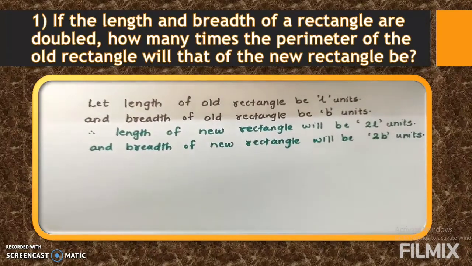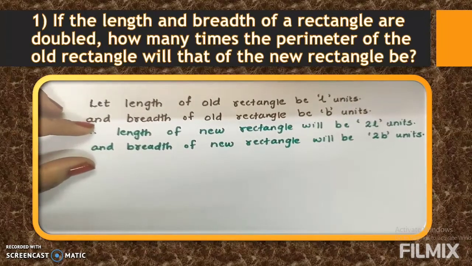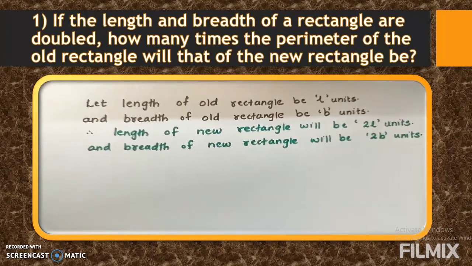Now in the question they are talking about perimeter of old rectangle will be how many times as compared to perimeter of new rectangle. So unless and until we don't know the perimeter of old rectangle and perimeter of new rectangle, we can't compare both. So now what we will do?